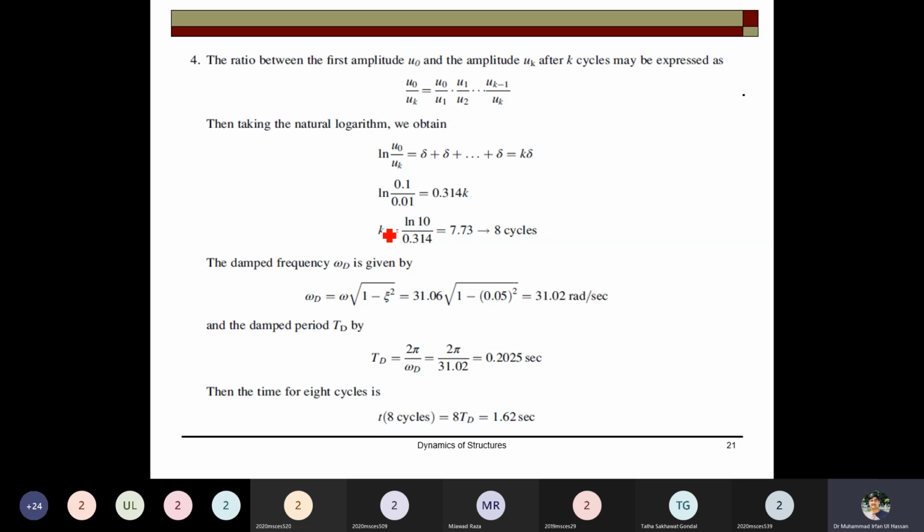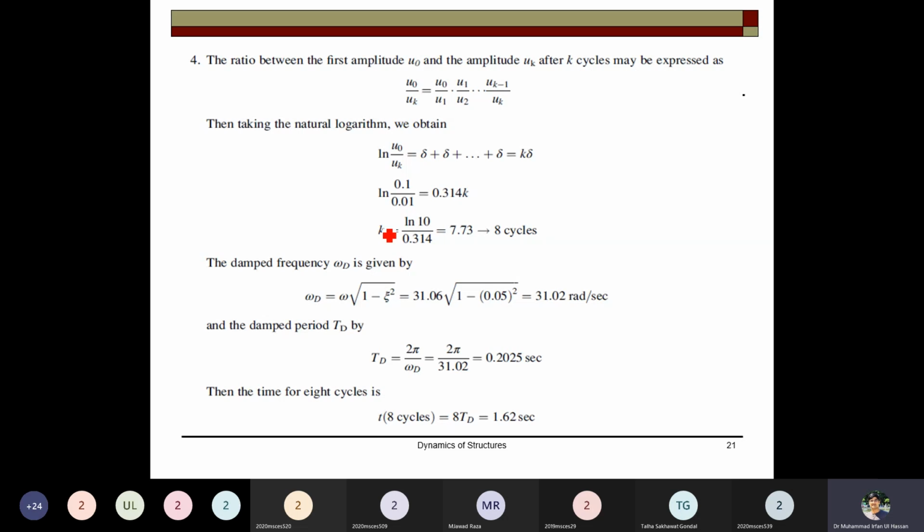This 5% damping is also very small damping. And the damped period of vibration comes to 0.2 seconds. So 2 pi over omega is the natural period and 2 pi over omega d is the damped period of vibration. If the system is damped, when the amplitude is also reducing, then this is the damped period of vibration.